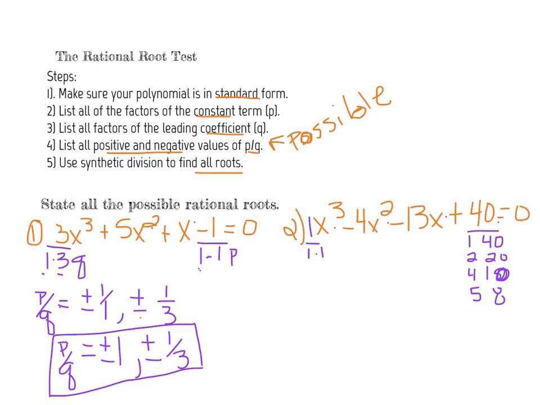So possible P over Q: positive or negative 1 over 1, positive or negative 2 over 1, positive or negative 4 over 1, positive or negative 5 over 1.